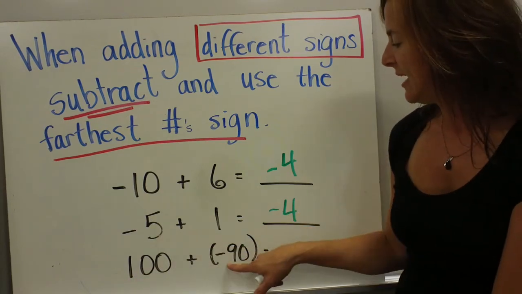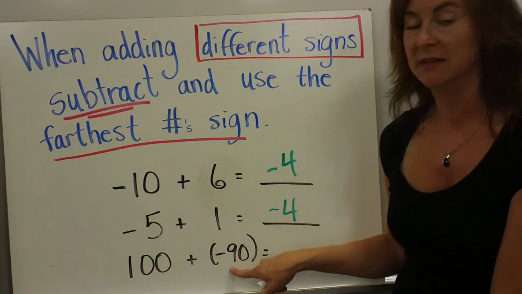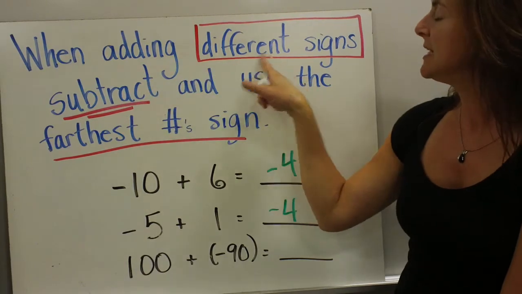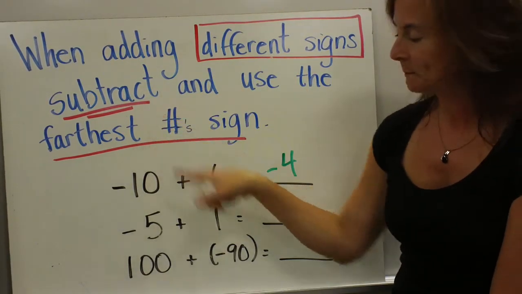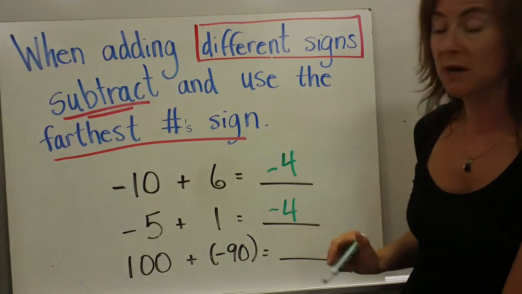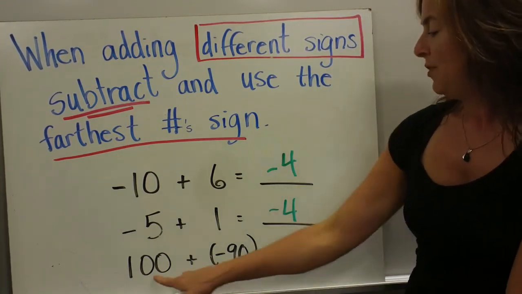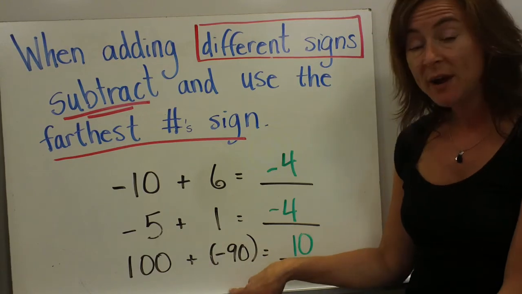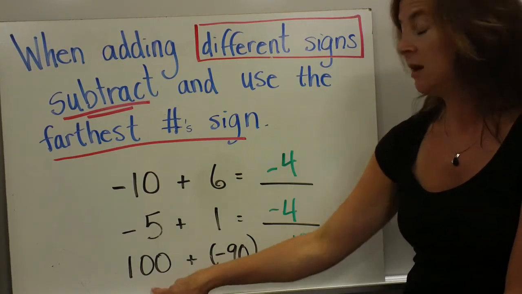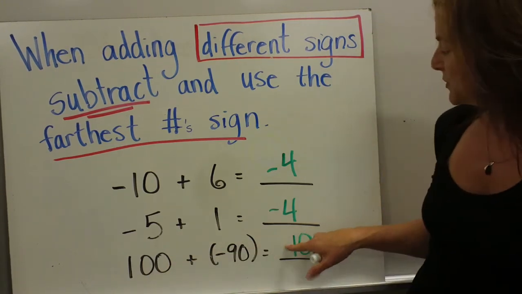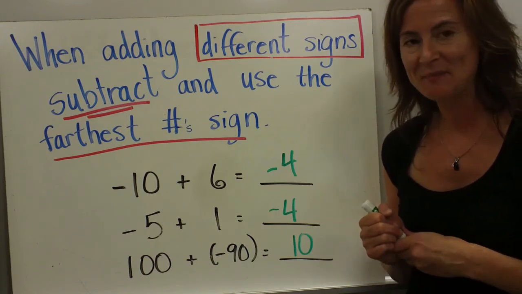Again, I'm noticing that I have different signs, a positive and a negative. When adding different signs, I'm going to subtract. So the difference between 100 and 90 is 10. Then I'm going to look at which number is farther away from 0. Well, 100 is farther away. It's positive, so my answer is going to stay positive.